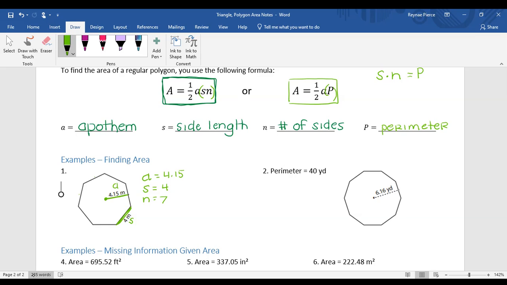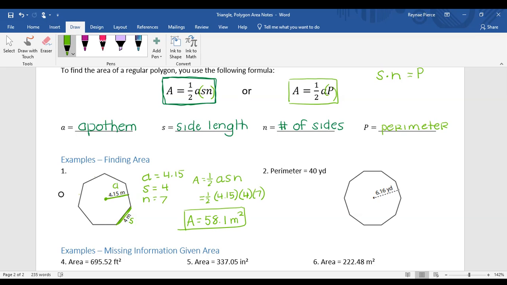So now in this 1/2 ASN equation, I'm going to substitute 4.15 times 4 times 7. And you can just multiply across. It doesn't have to be in any special order. That tells me that the area of this regular heptagon is 58.1 square meters.